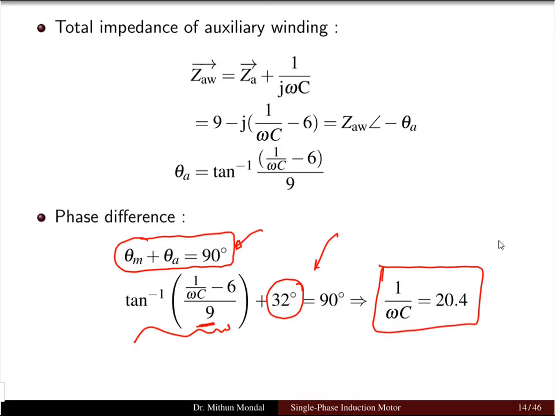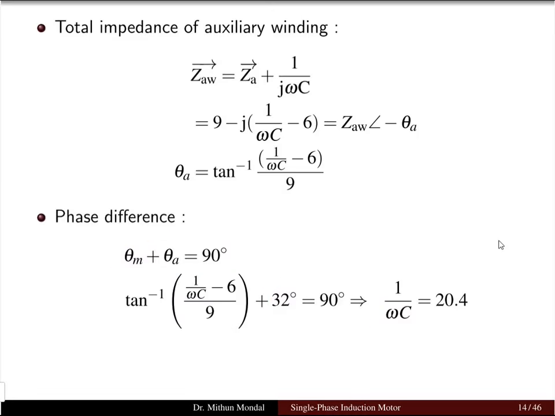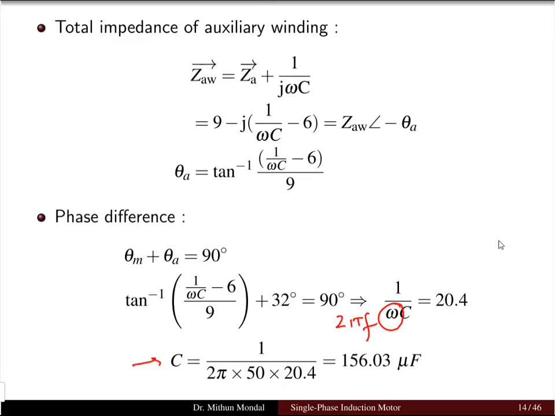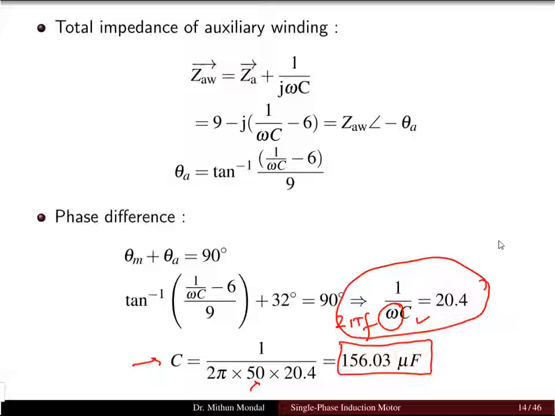So we have to obtain the capacitor value. We know the formula that omega is 2 pi f. We substitute omega as 2 pi f, where the frequency is already given to be 50 Hz, and then solving this equation gives 156.03 microfarad. So this is the capacitor which needs to be included in the auxiliary winding so that the current difference becomes 90 degrees between the main winding and the auxiliary winding.